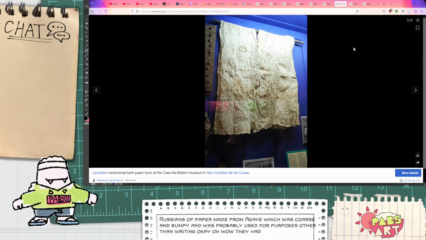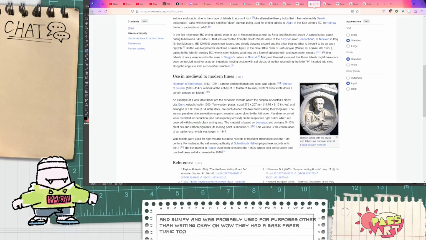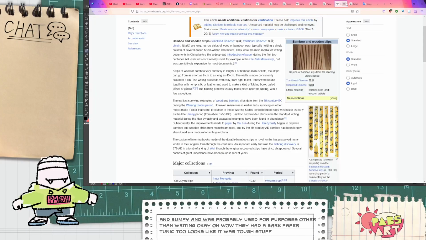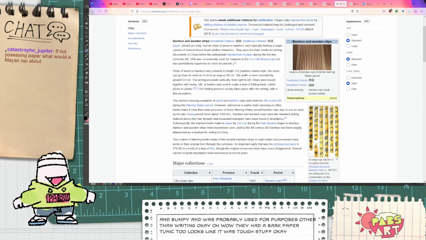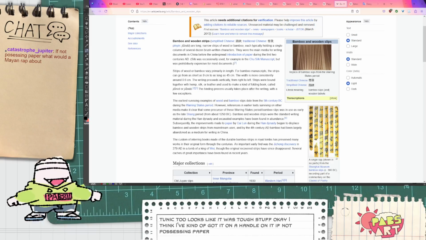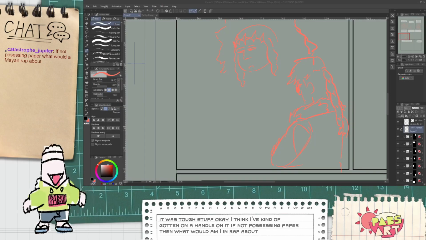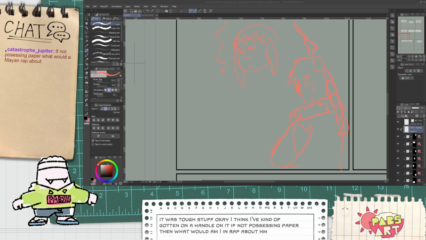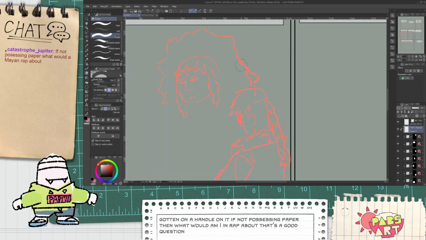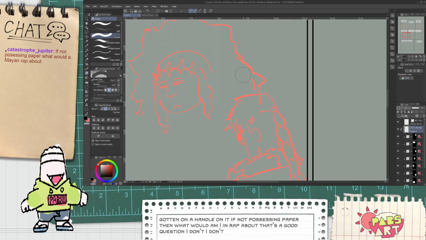Oh wow, they had a bark paper tunic too. Looks like it was tough stuff. Okay, I think I've gotten a handle on it. If not possessing paper, then what would a Mayan rap about? That's a good question. I don't know much about Maya culture.